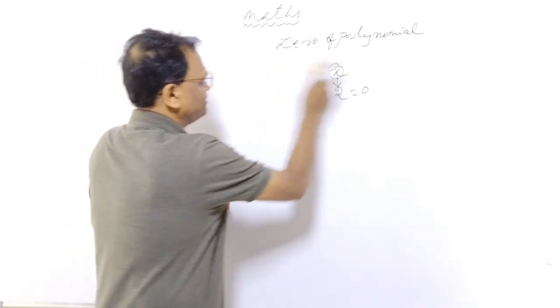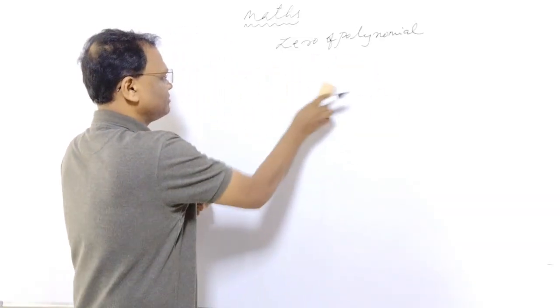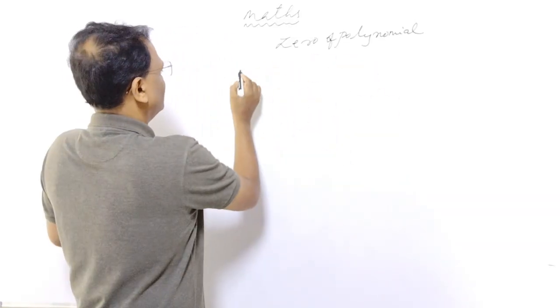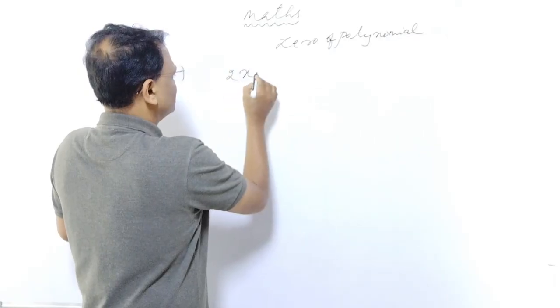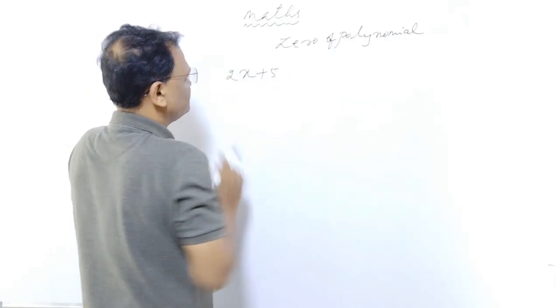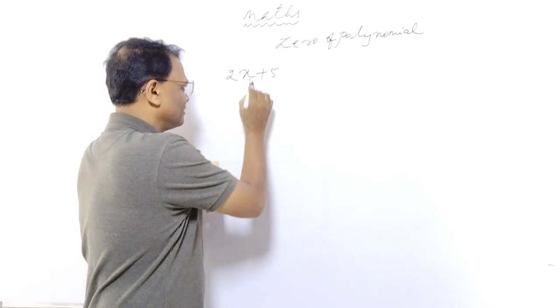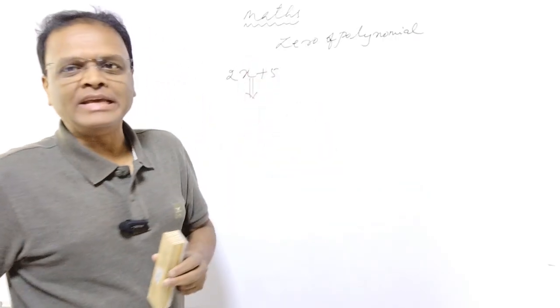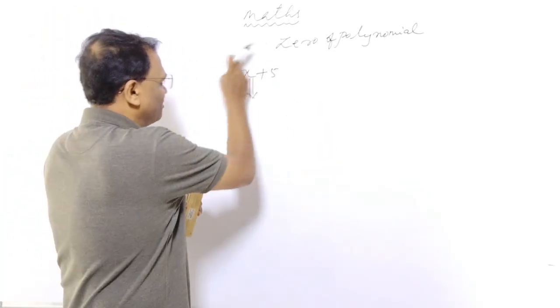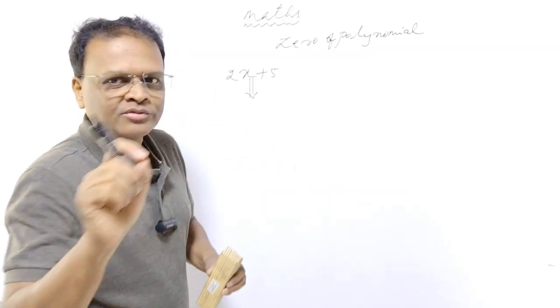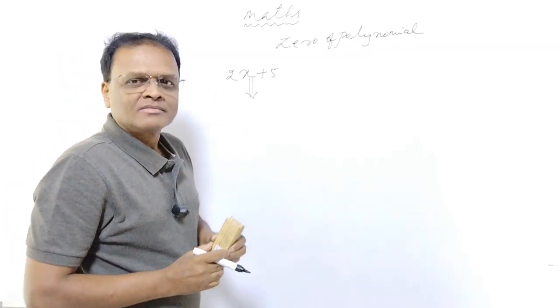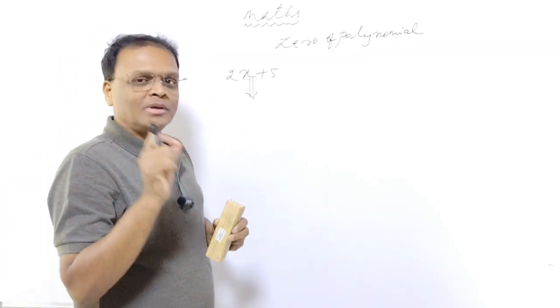Let's further discuss. If 2x plus 5, in this case, what would be the value of x so that my expression becomes 0? You want to find the 0 of the polynomial.